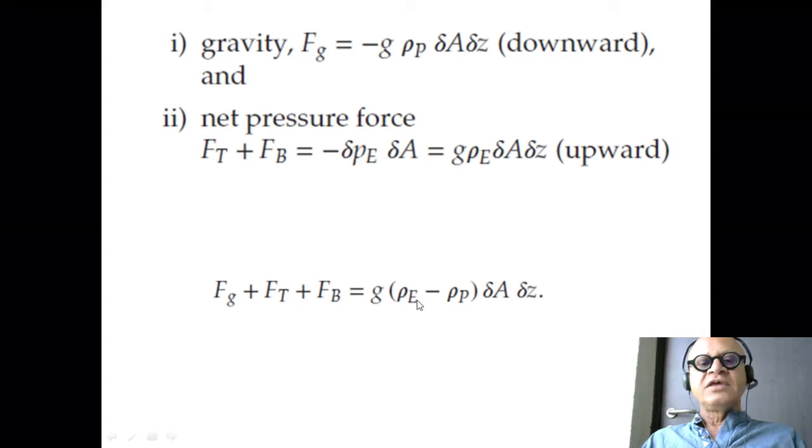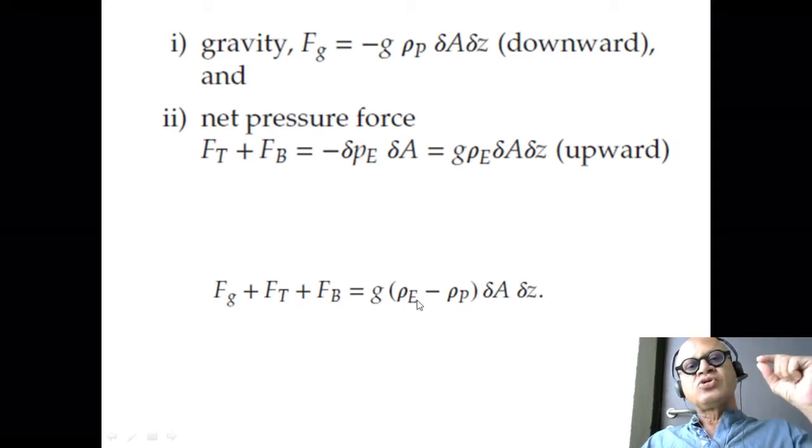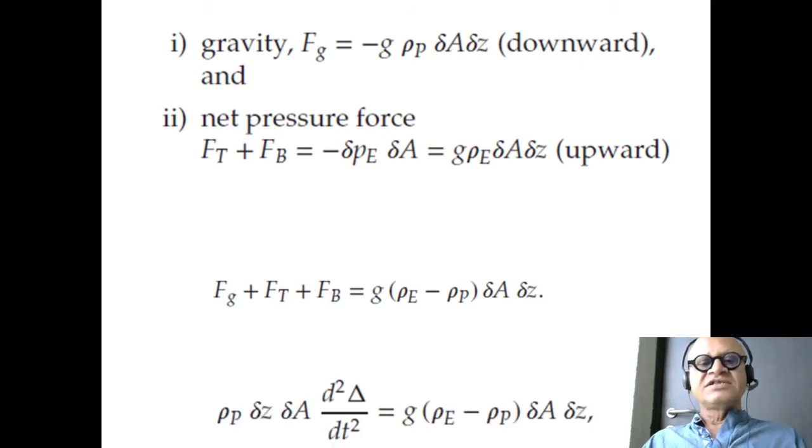You know that the gravitational pull is going to depend on the relative density change because we are in a continuously stratified fluid, and that's where our reduced gravity will come in as well. Okay, so rho P delta Z delta A, d squared delta dt squared, the acceleration term should be equal to the net force, which is g (rho E minus rho P) delta A delta Z.